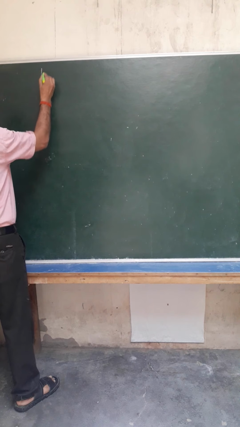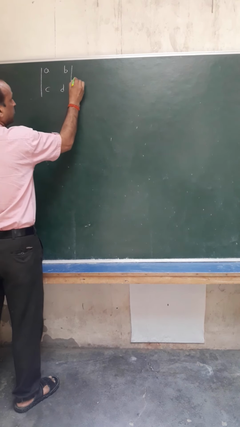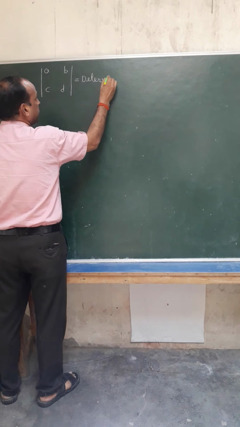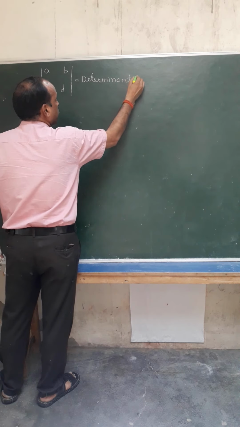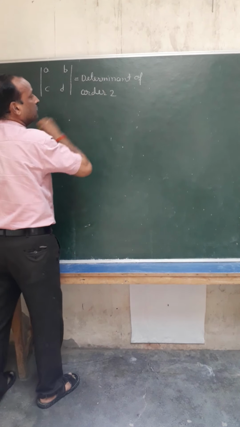So if we write A, B, C, D, this is a determinant of order 2.